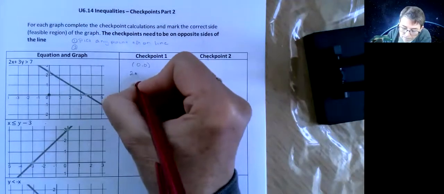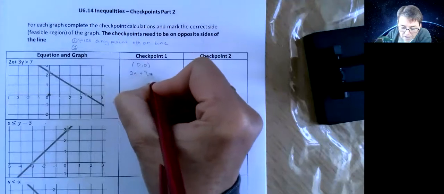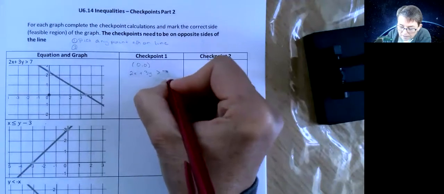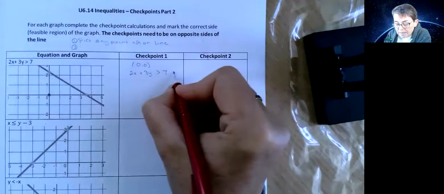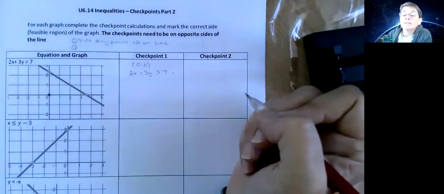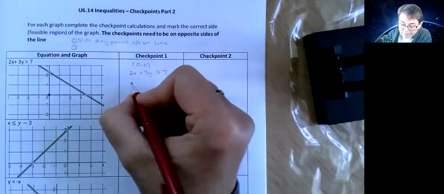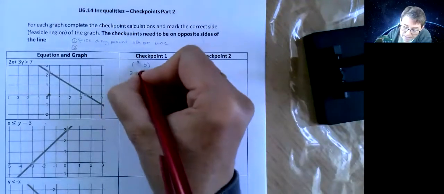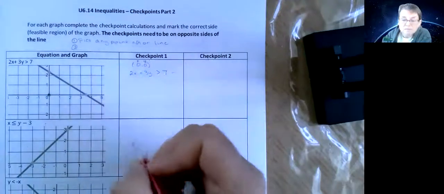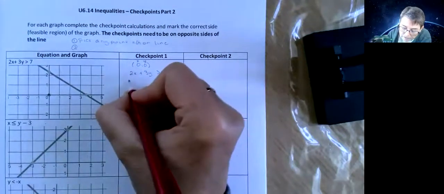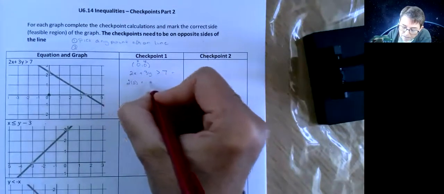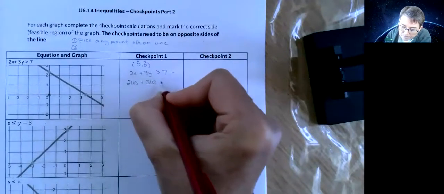So 2x plus 3y is greater than 7. This is another paranoid mathematician thing. Always, when you're doing this, rewrite the equation before you start substituting. So now this is my x, and this is my y. You do that. So we got 2 times 0 plus 3 times 0 is greater than 7.